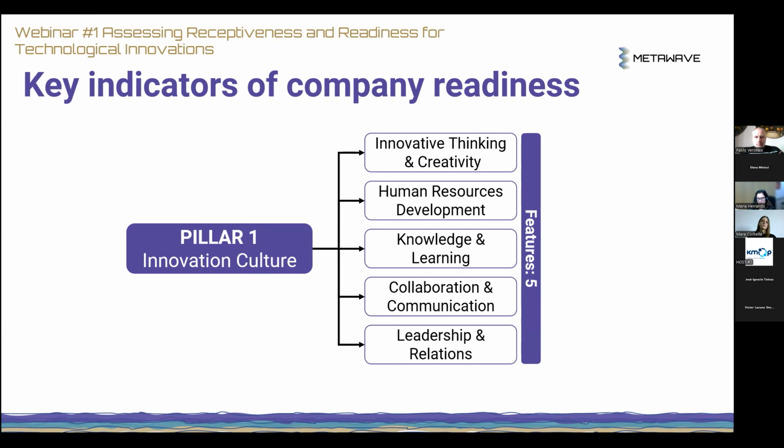Okay, so these were the features, we can say, that we focused on for each of the pillars. To understand if the company is already performing in that specific pillar, we tried to identify sub-contents, like in this case, sections of the specific pillar.